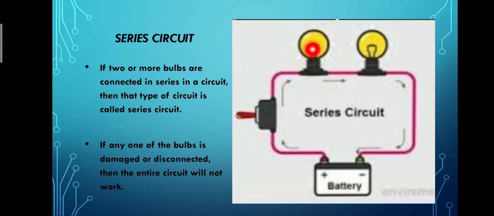So if there is any disconnection here, the circuit becomes incomplete, it becomes an open circuit, so current won't flow continuously, and the next one won't glow. So in a series circuit, if any one bulb gets damaged, the circuit is disconnected.